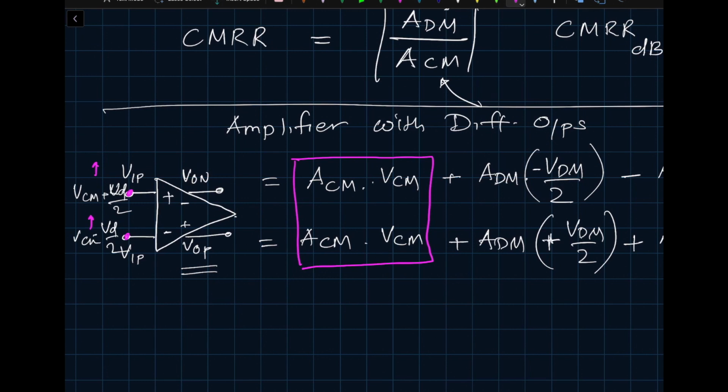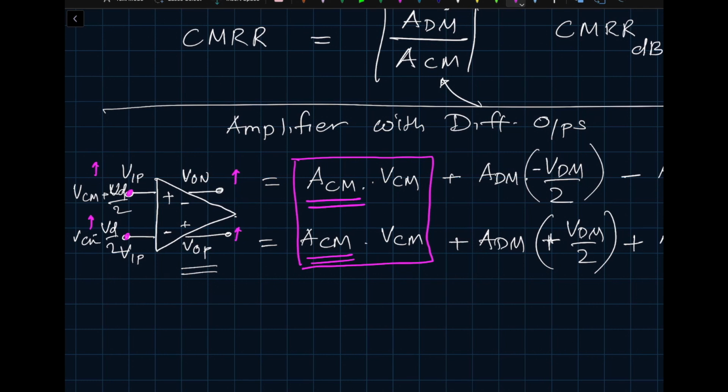Now, when we have differential outputs, if VIP and VIN both move up by a certain value, let's pick a number, say both move by 10 millivolts, then because of the common mode gain ACM, this output will move up and this one will also move up. Both outputs move because of the common mode gain only.